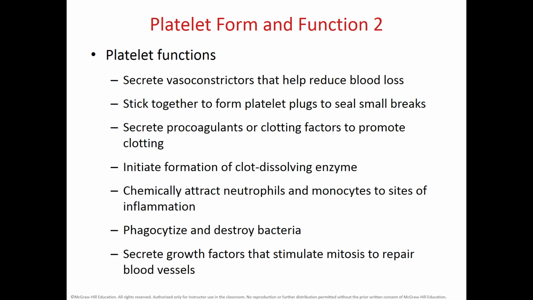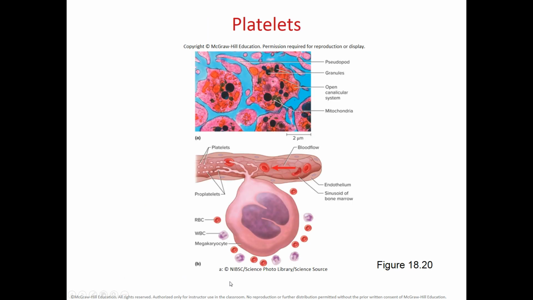And then they will initiate the formation of a clot-dissolving enzyme. And they will attract neutrophils and monocytes to the site of inflammation, and then they phagocytose and destroy bacteria, and will secrete growth factors that will stimulate the repairing of the blood vessels and mitosis of the cells of the blood vessels.